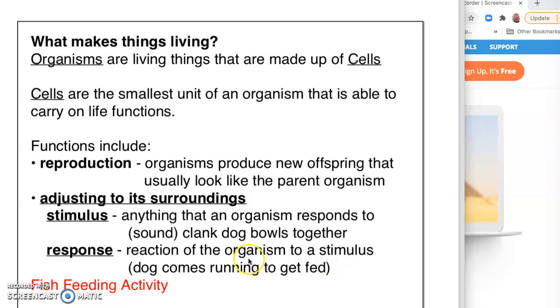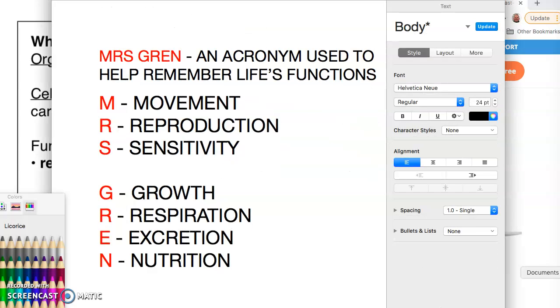Cells are the smallest unit of an organism that is able to carry on all of life's functions. So, what are life's functions? I put together a little acronym that I found that is used to help us remember some of life's functions.